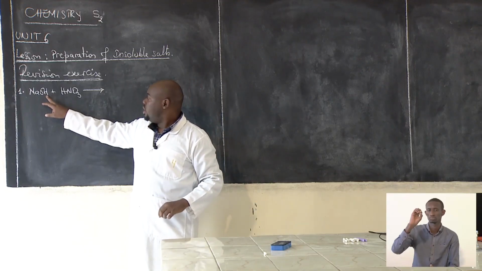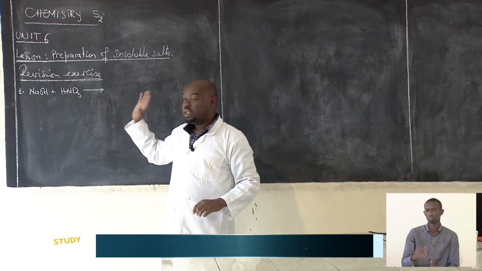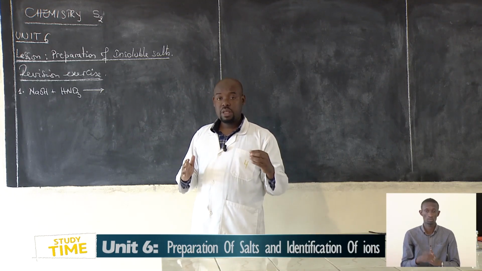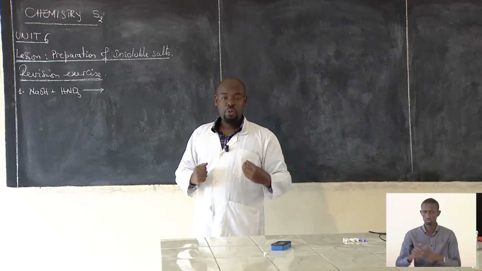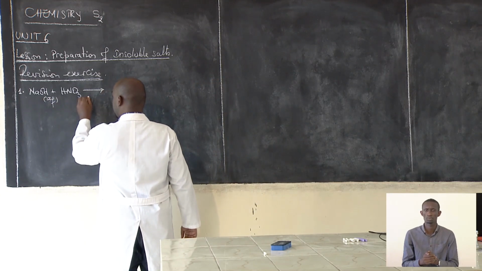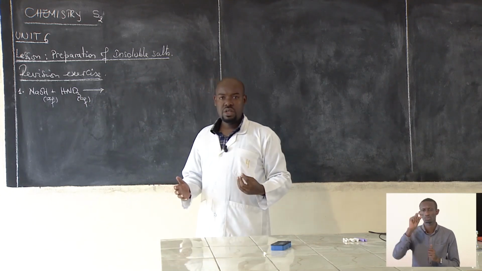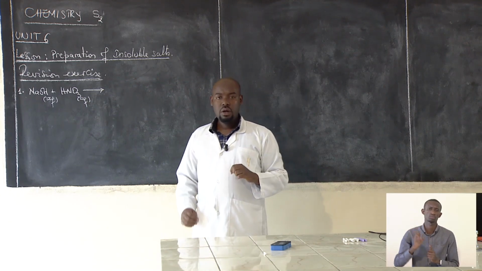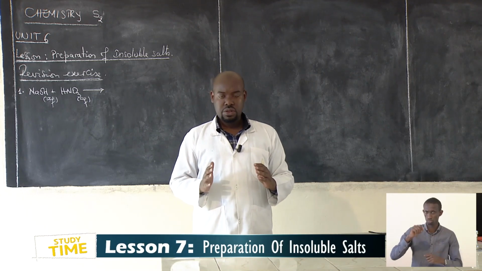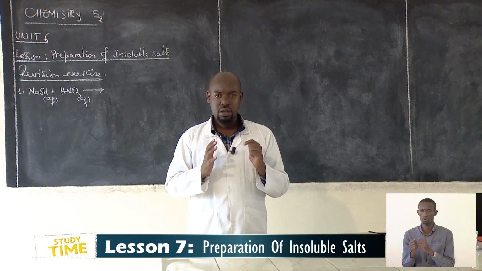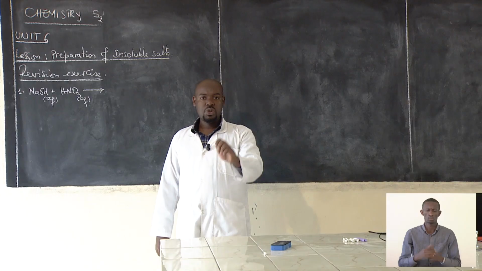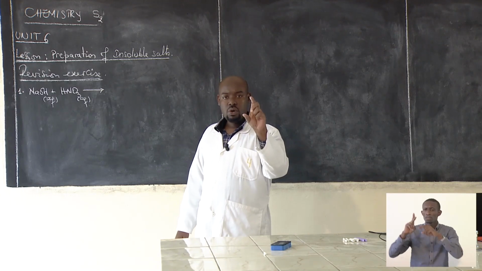Sodium hydroxide is a base, and nitric acid is an acid. So here we should remember that the 2 reagents should be in aqueous solution, so we use aqueous sodium hydroxide and aqueous nitric acid, we use a dilute nitric acid. And then we remember that when we react a base and an acid, what do we produce? We always produce a salt and water.